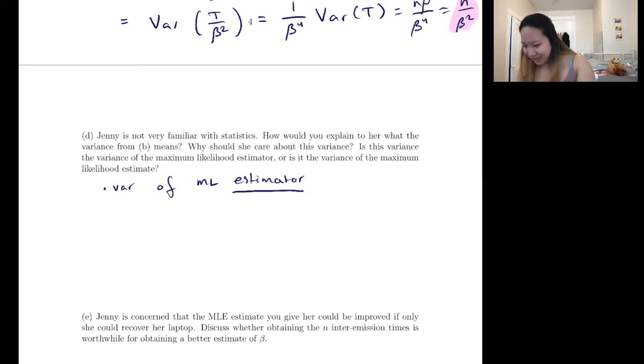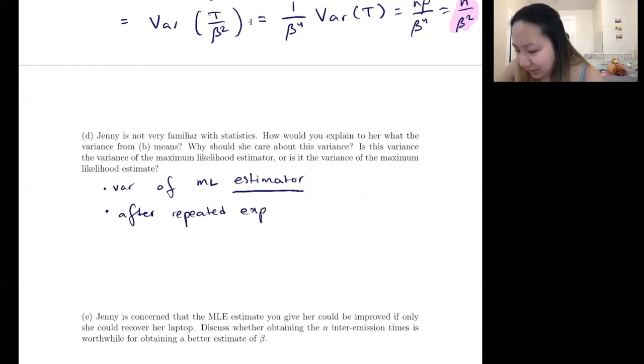I got some points on this, but I think I missed one of the keys. One of the keys here is that we're doing repeated experiments.